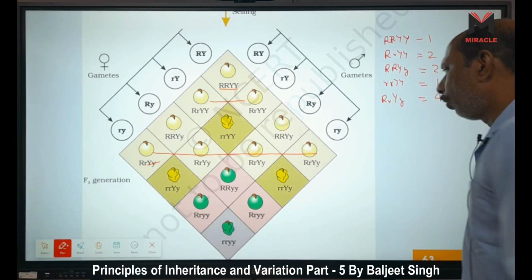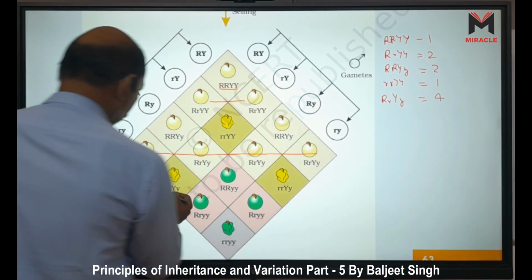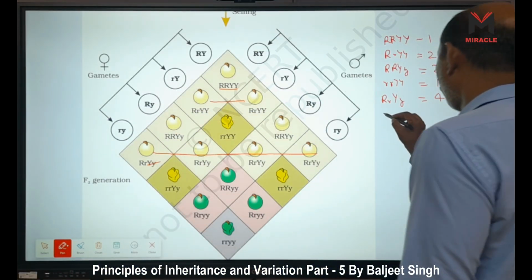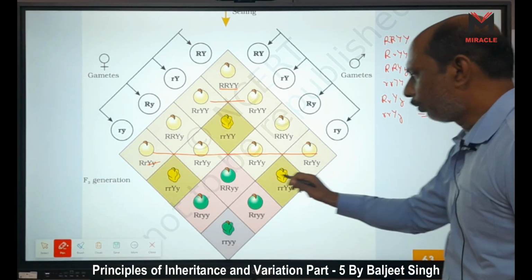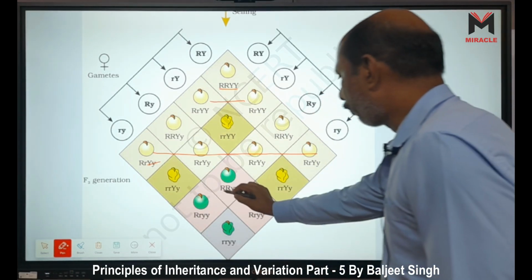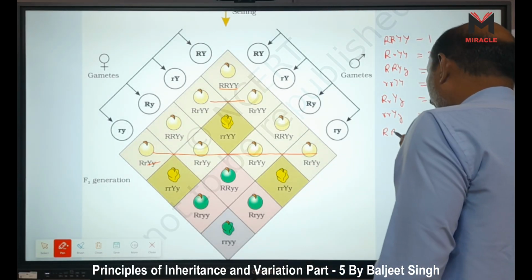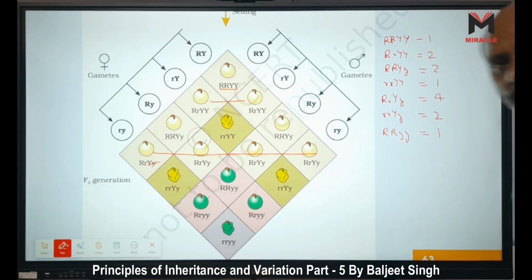How many are there? 4. You understand, right? Now see this one. Small r, capital Y, small r, capital Y, small y. How many? 2 are there. 1 and 2, right? Here what is there? Capital R, small y, small y. How many are there? Only 1.